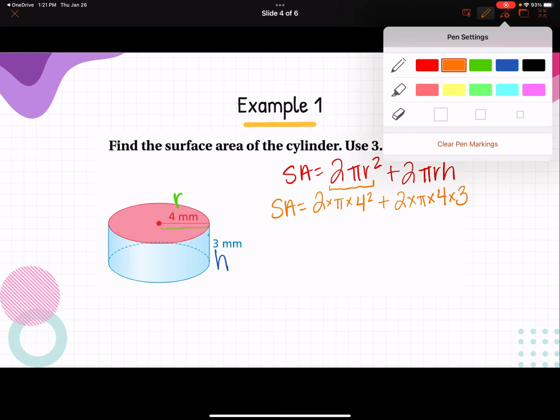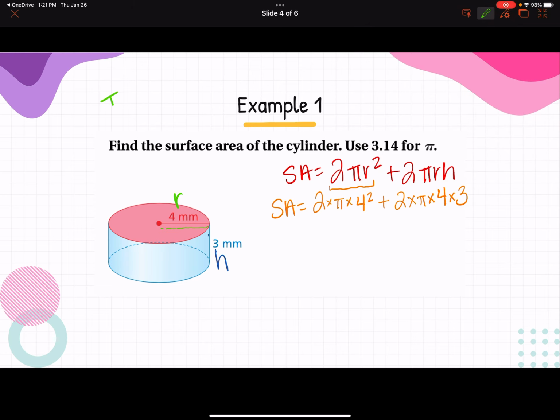Okay, so what you're going to do, we haven't had a whole lot of experience with this pi, but all it is is a decimal. But it goes on forever and ever, so we don't really use the decimal for it. We use the symbol a lot more often. On your calculator, there is actually a button that looks just like that, and that's what you're going to hit for pi.